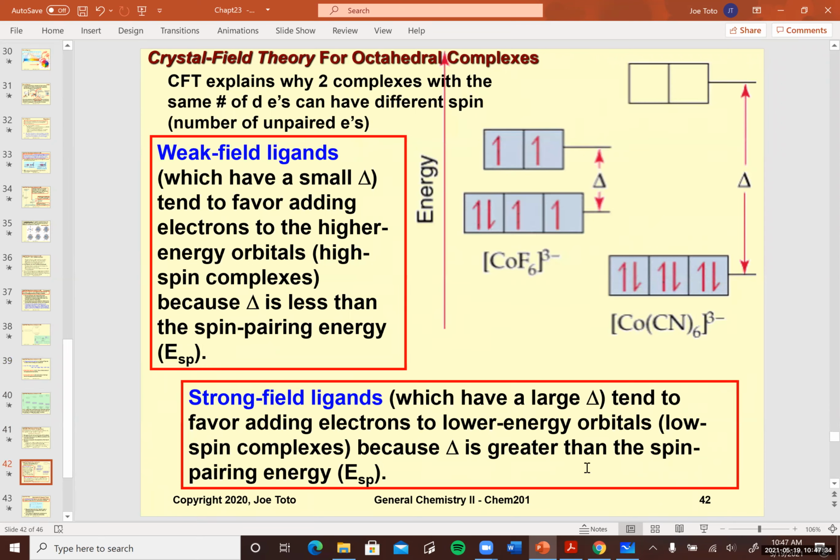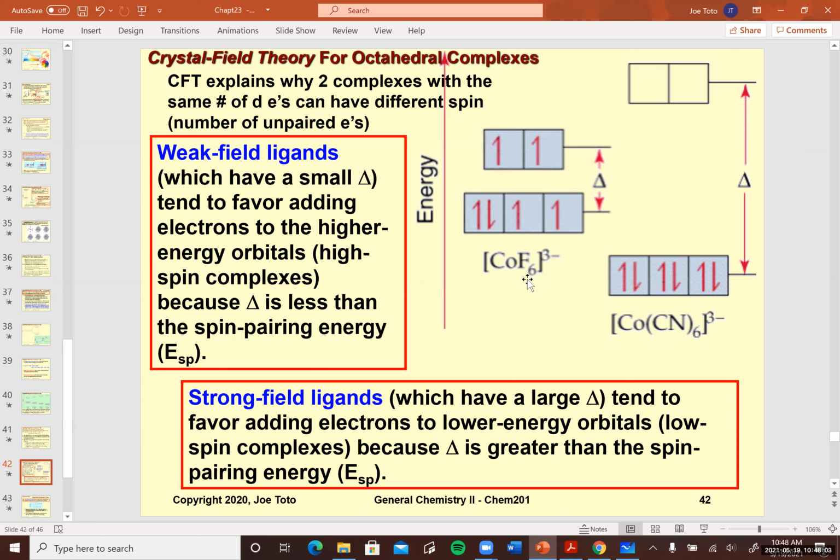Okay. And so back here, we have a system, cobalt with 6 fluorides. That tends to be a high spin type situation because fluoride is the weak field where you get smaller deltas. So I do 1, 2, 3, 4, 5, and then 6, I start to pair.